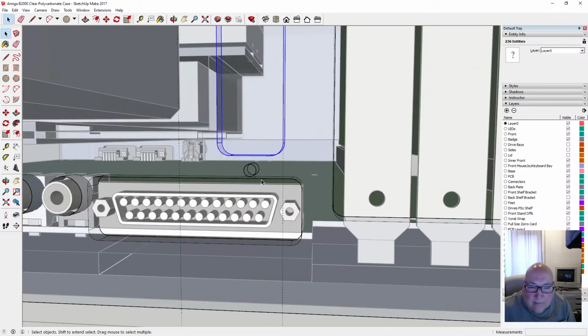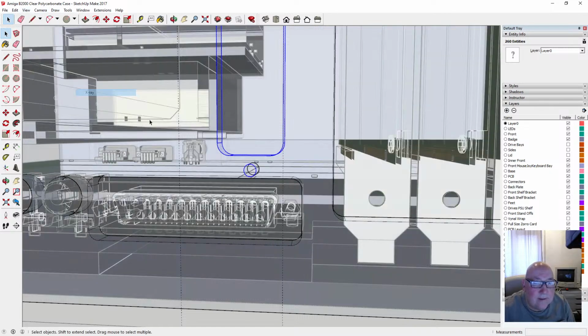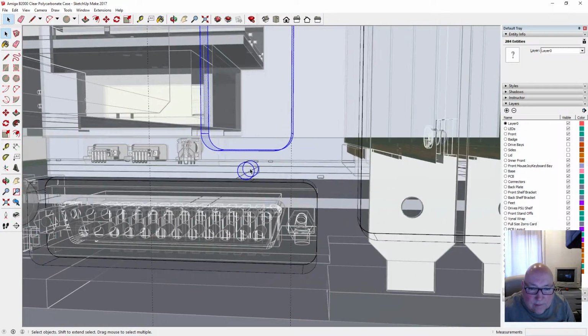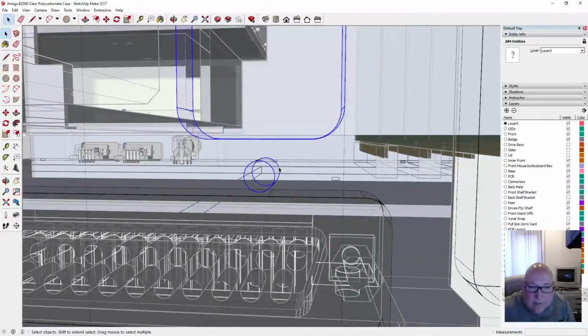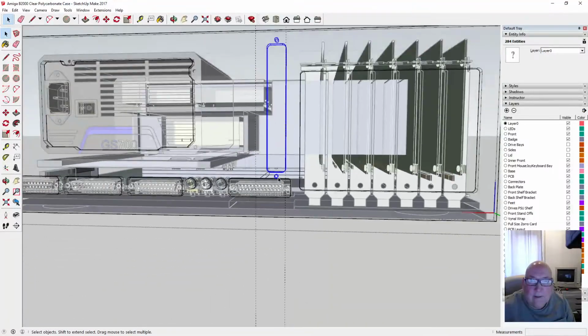And then grab that, and can't get that. I'll need to go into this mode. Okay. Right, so I need to copy that.